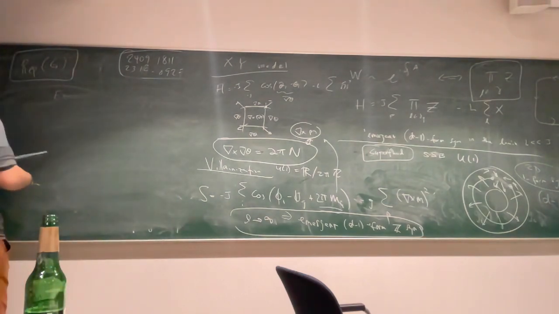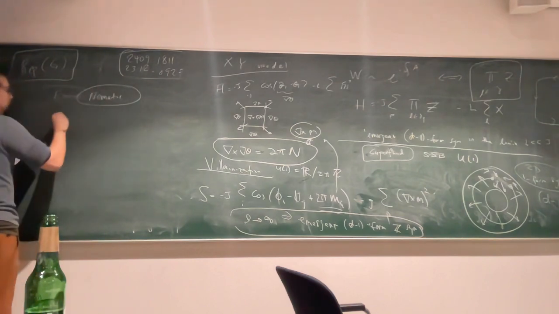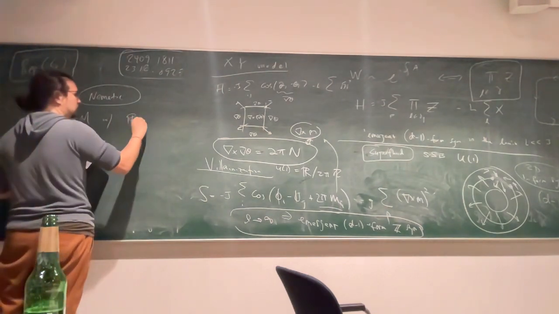So in the case of a nematic, you have something like a nonlinear sigma model with target space RP2.